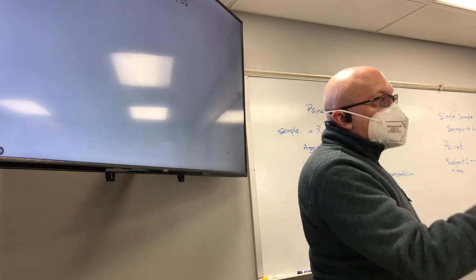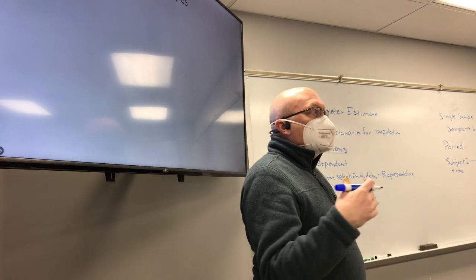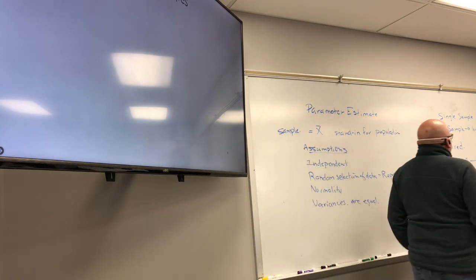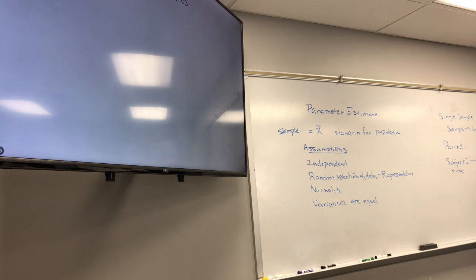If you wanted to know how much, you could actually set up an experiment where you basically had subjects A, B, C, D, E, F, G, H, I, J, K. You took half of these, 1, 2, 3, 4, 5, 6.